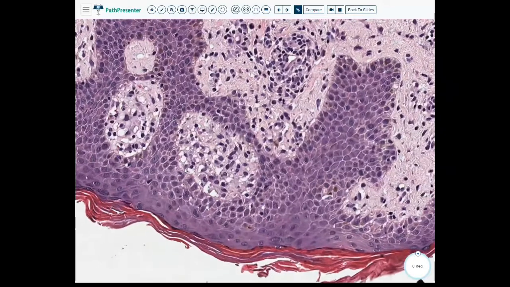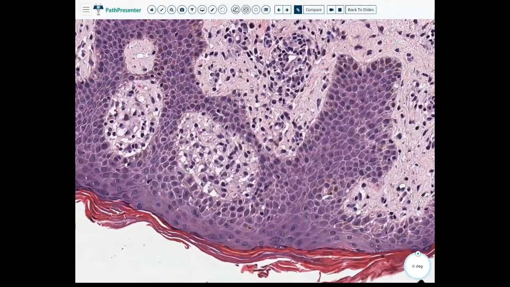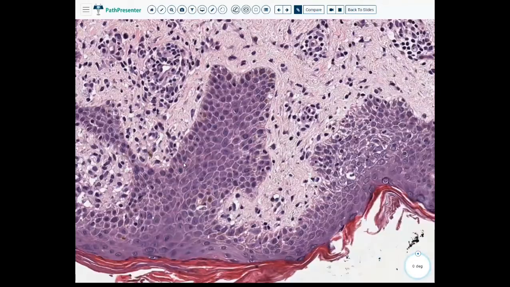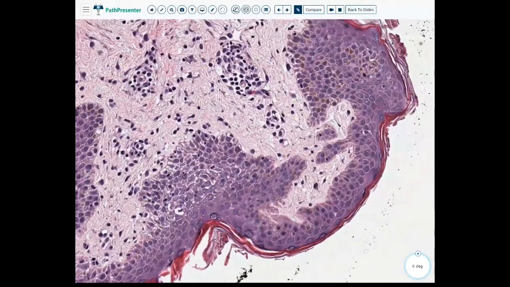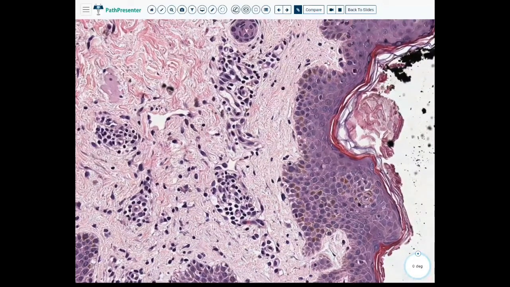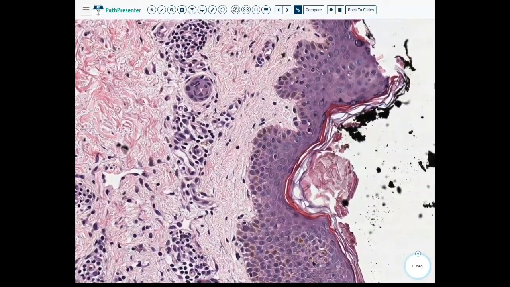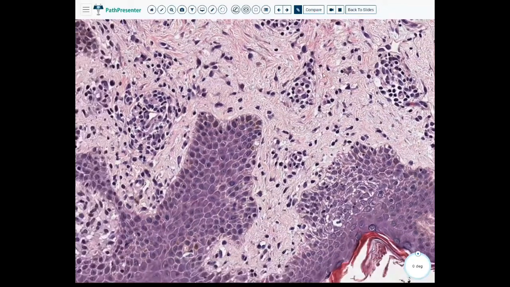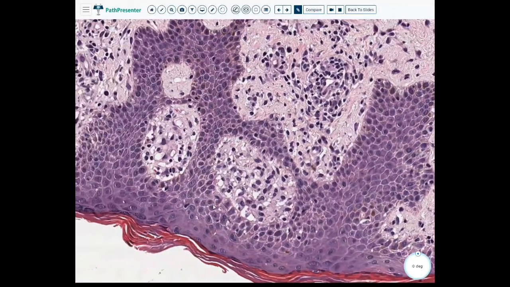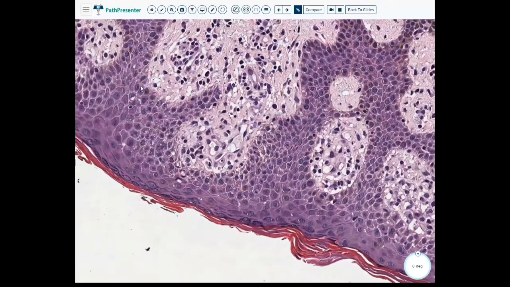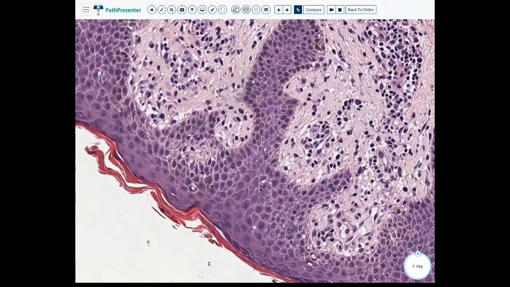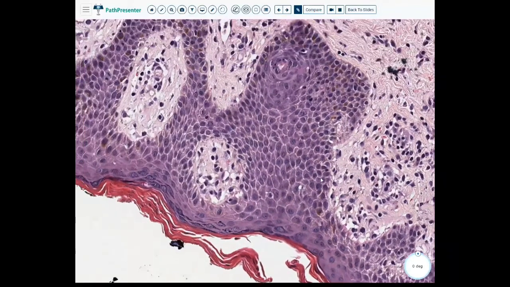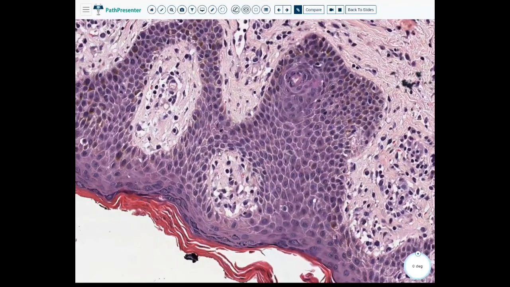See if we can find anything else. I thought I saw a couple of them before and I didn't point them out. That looks like an eosinophil. What you're looking for in this case, and again, pay attention, there is spongiosis, but that can be reactive as well as anything else, is we're looking for red cell extravasation.